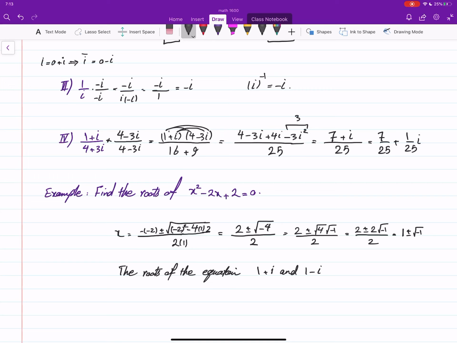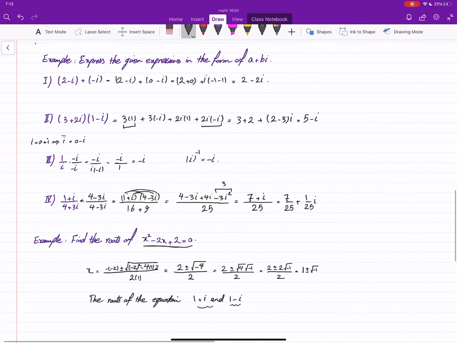So you use the formulas you already have for real numbers. If you see negative 1 in the square root, take it as i, and that will give you the complex number. So this equation doesn't have real roots, but it has complex roots, and there are 2 of them actually.